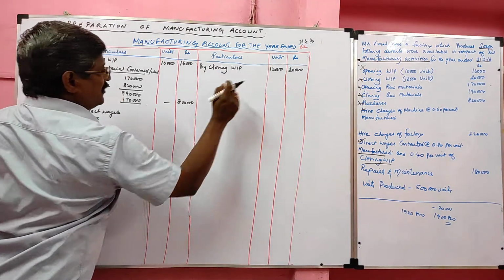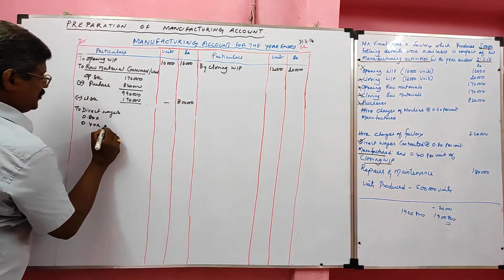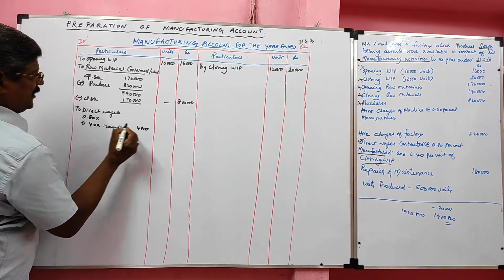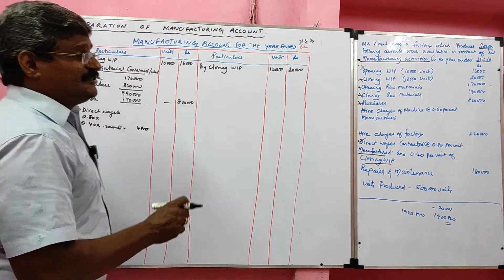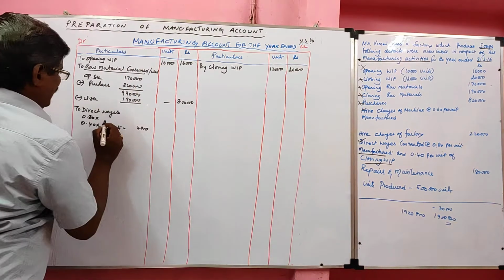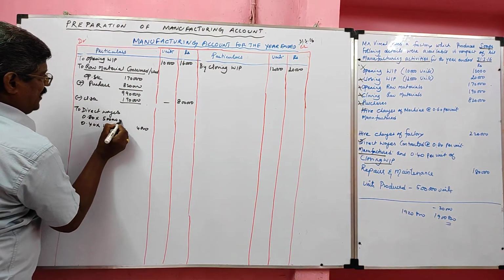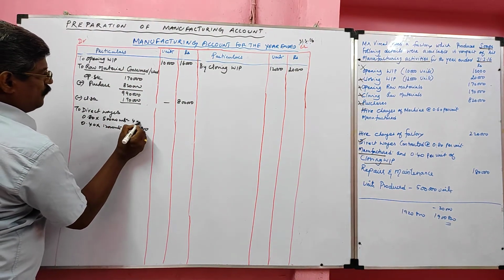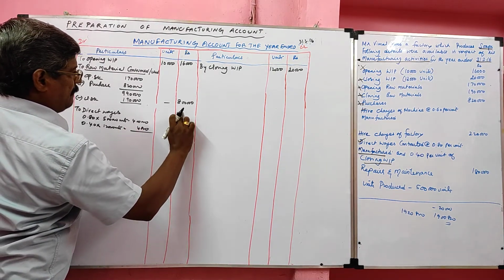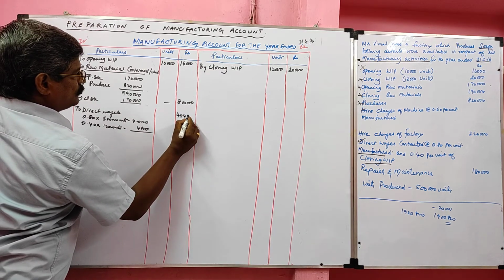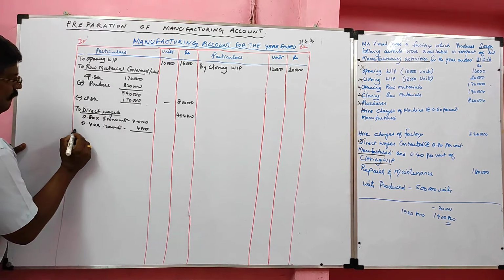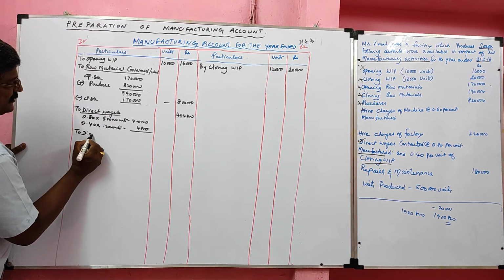Closing work in progress given in the question is 12,000 units. So if we multiply, we will get 4,800. Then we have to find manufactured units. Units produced how much? 5 lakh. On that we have to calculate, so it's about 4 lakh. So total 4,800. Direct wages over.